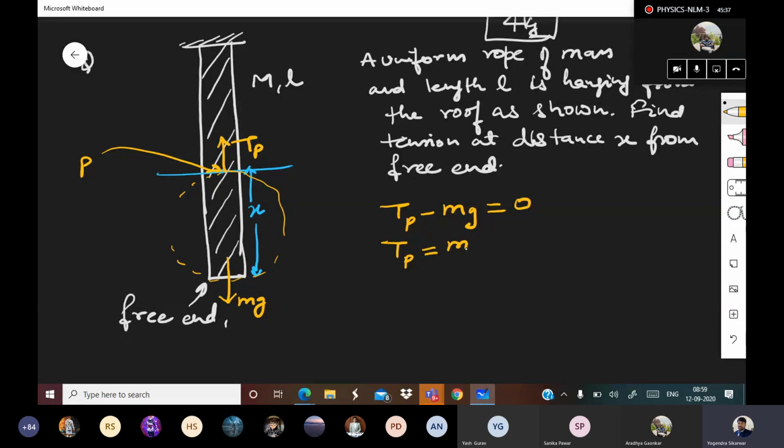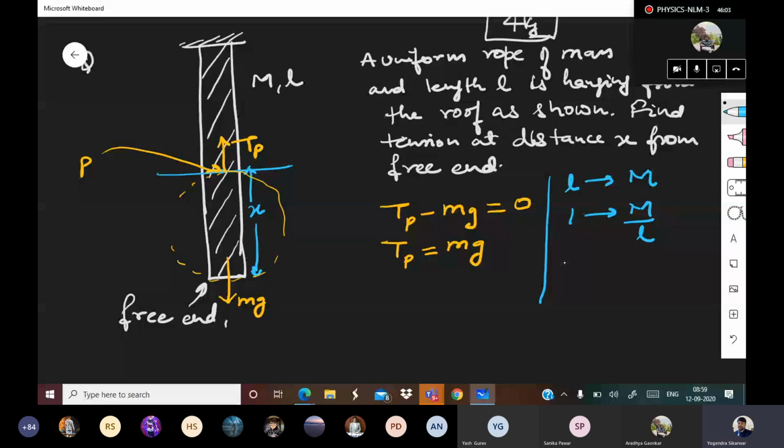We can find that using the unitary method. What is the unitary method? In L length, mass is capital M. So in unit length, mass will be M by L. This is mass in unit length. So in x length, mass will be small m is equal to M by L into x.